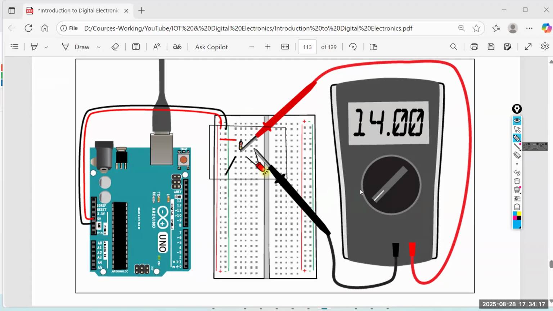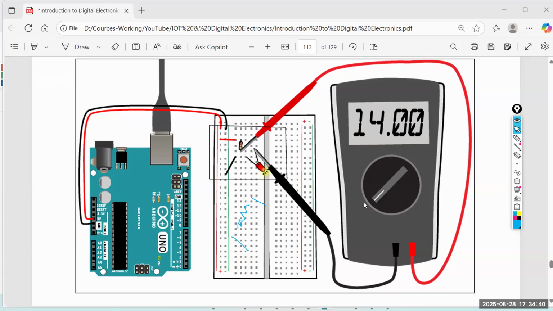Using the multimeter, you can measure voltage differences, current flow, and also the resistance between 2 points. If you have a resistor and want to check its actual value, you can use the multimeter, especially if you have any doubts about the color codes. All these things can be done using a multimeter.